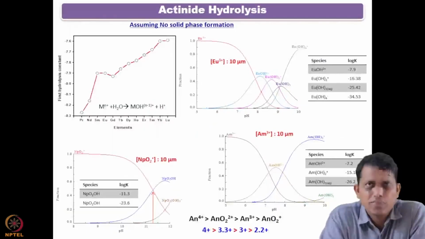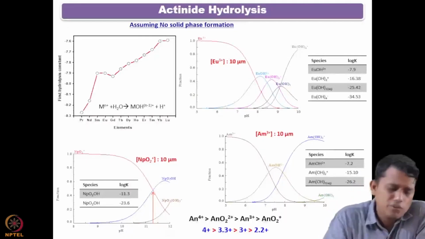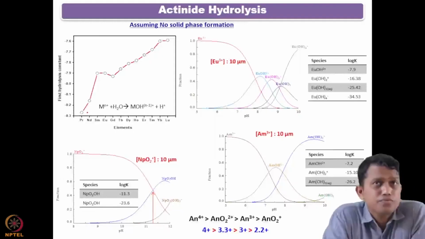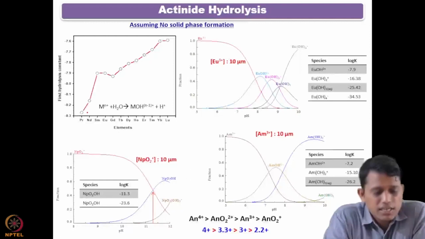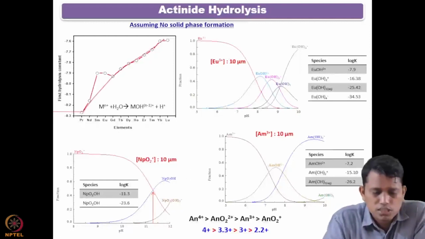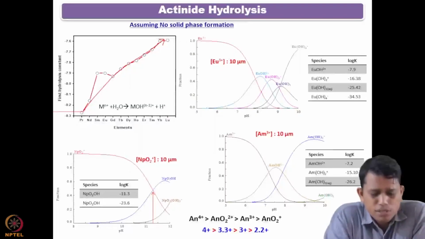Here I've shown you some of the diagrams for the hydrolysis of europium, americium, and neptunium. I have also shown one trend: how the first hydrolysis constant is changing as you go through the lanthanide series. Again you can see that the first hydrolysis constant keeps on increasing when you go from praseodymium to lutetium.